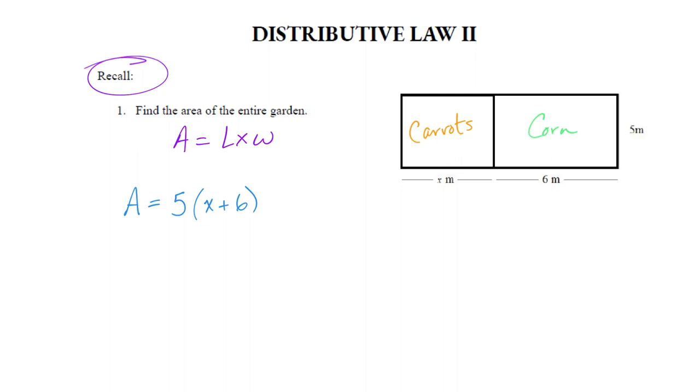So the area is my carrot garden, which is 5 by x, plus the corn garden, which was 5 times 6. Then we can do any operations we can there. We can calculate the 5 times 6, but we cannot add the 5x to that because we have unlike terms.